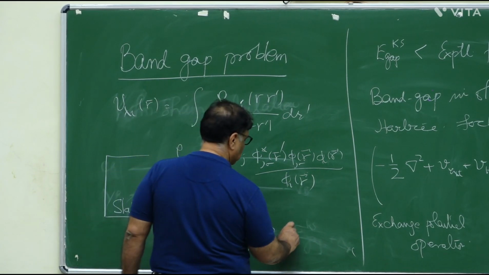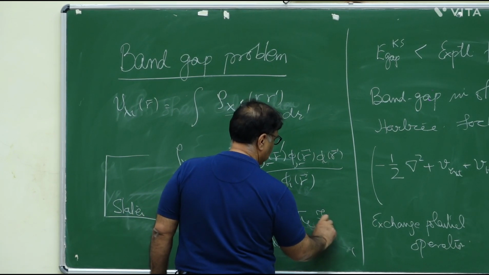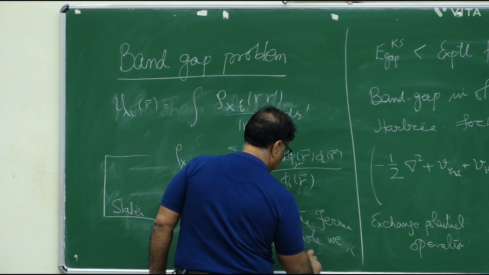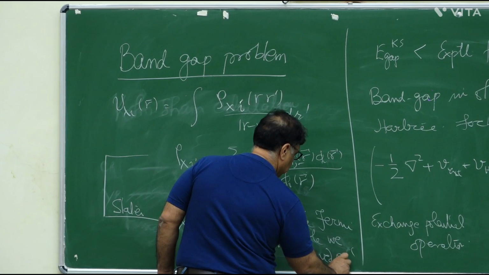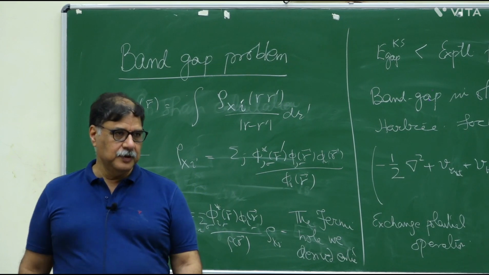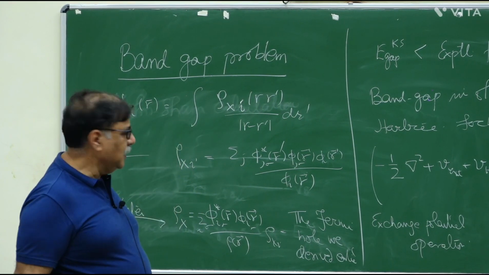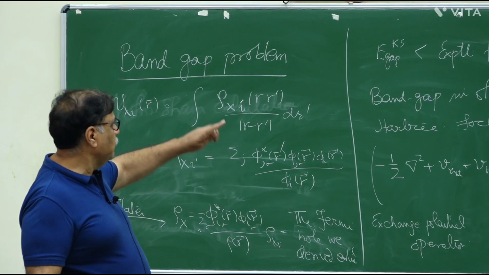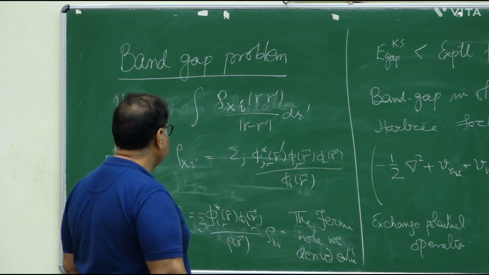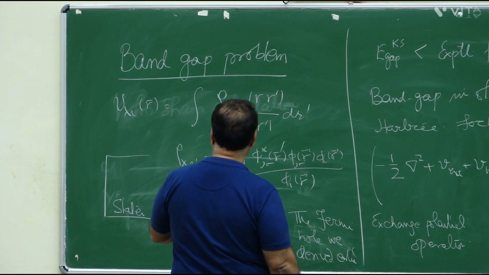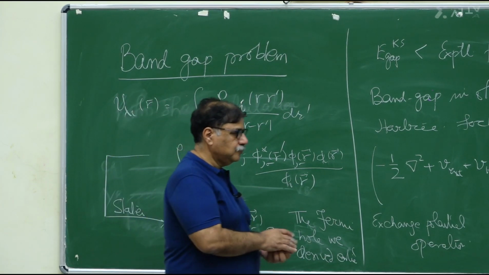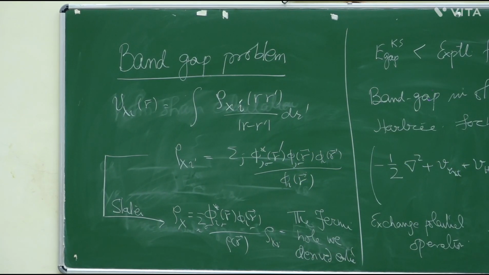And this comes out to be the two-particle probability that we have derived. So this is one way of looking at this potential. I'll comment on this a little later. Right now I want to make the point about the fundamental gap in Hartree-Fock theory. So I can think of this potential as if it is arising from an orbital dependent Fermi hole, and work with it, although there are singularities coming in.